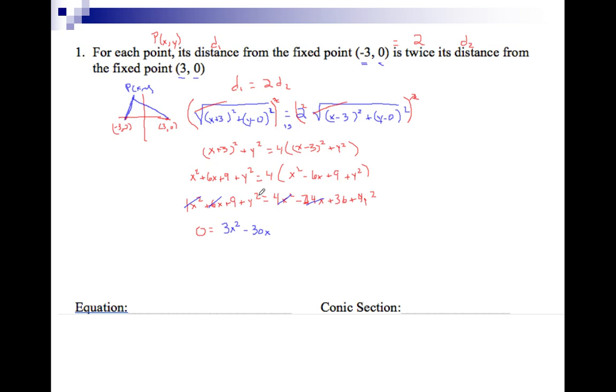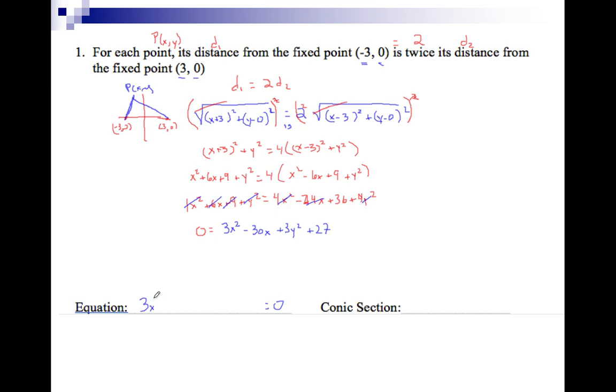Then I'm going to take this y squared and subtract it from this side. I don't have any single y terms because the y coordinates were both 0, but now I'm going to subtract 9 from both sides. And now down here for the equation, I'll put everything in order.